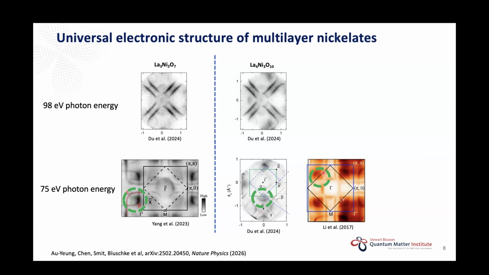This feature is very photon energy dependent. If we use 100 eV photon energy, we don't see it, but at 75 or 45, we see it very clearly. At the very beginning, people attributed this to an impurity state or some surface effect. But I'm trying to convince you that this feature is way more interesting.